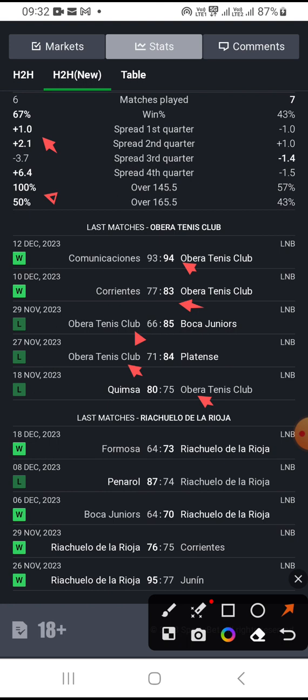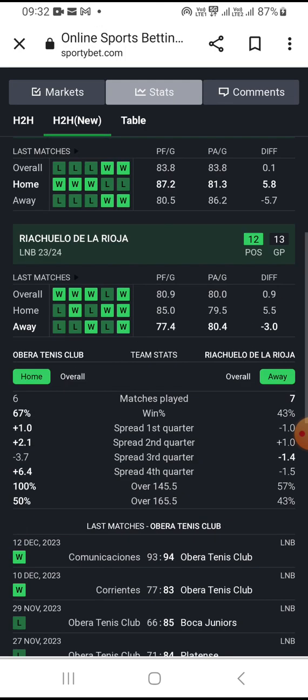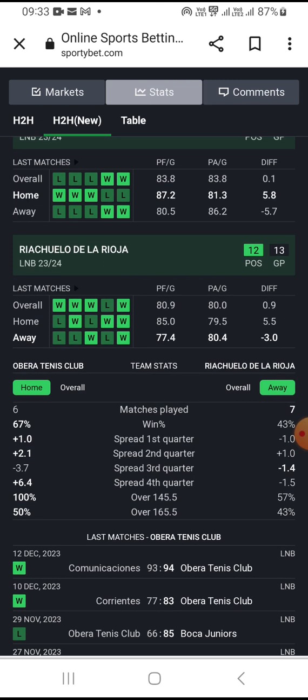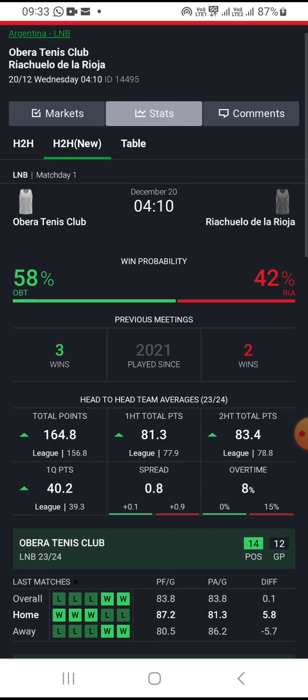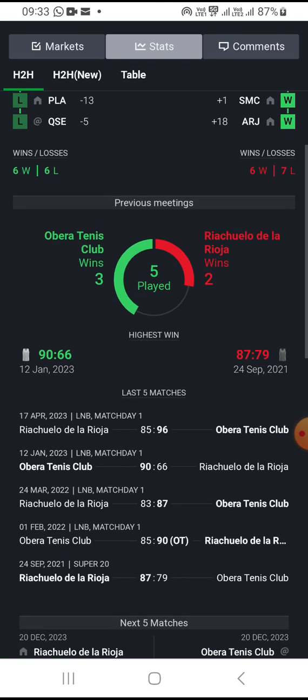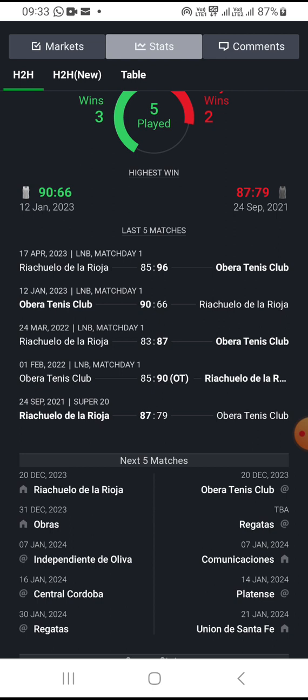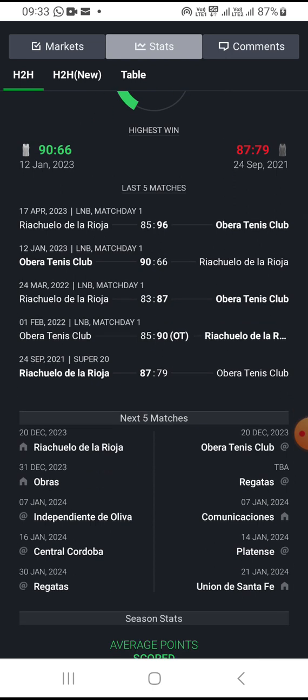So now this is how you do it. When you check the H2H versus the H2H new, what did we get there? We got 87.4 under H2H, compared to 77.8 under H2H new, the vertical.